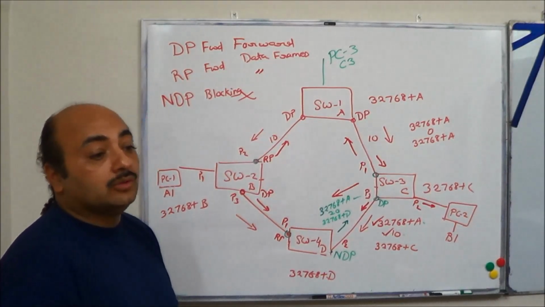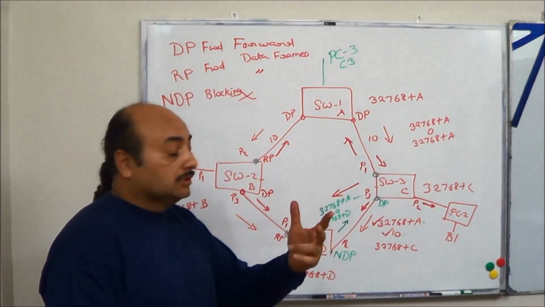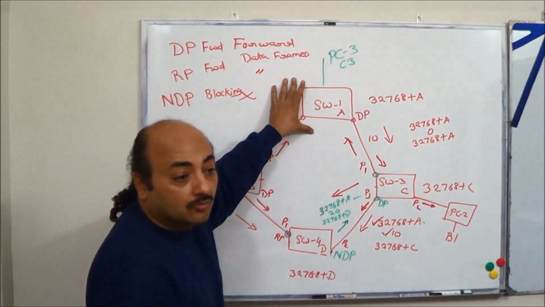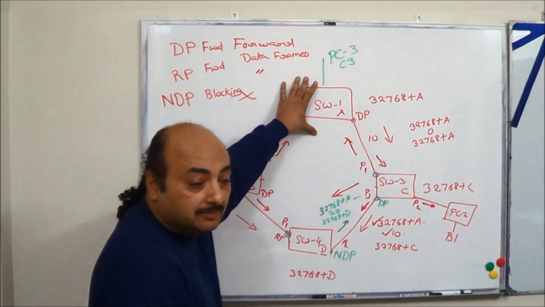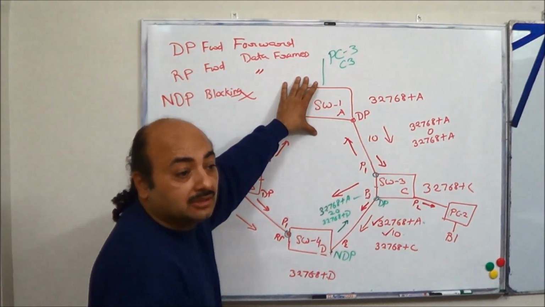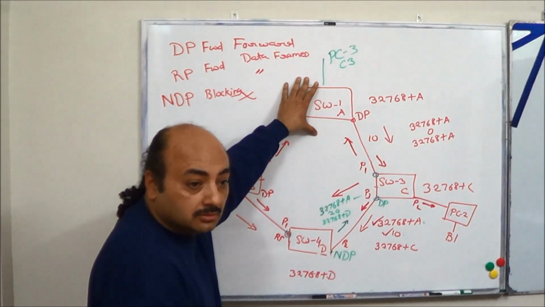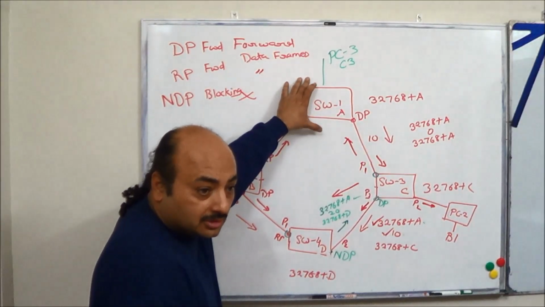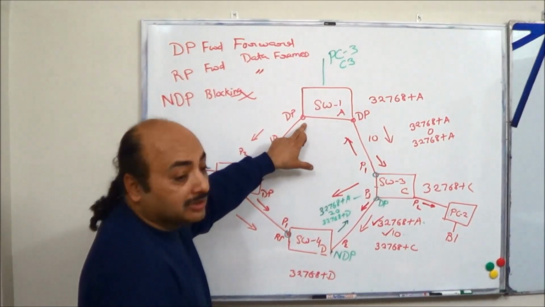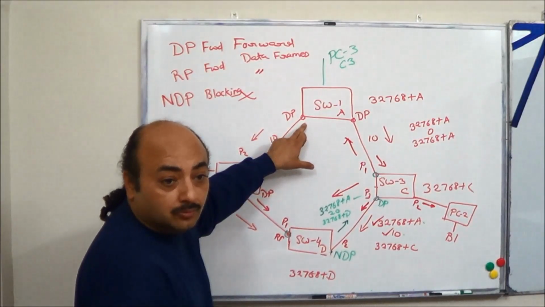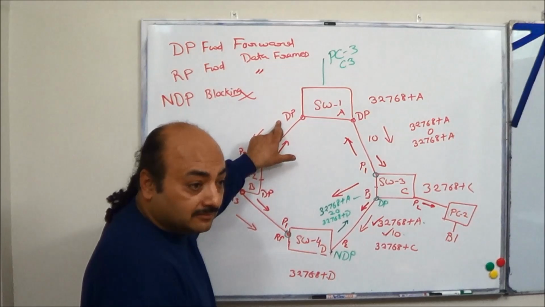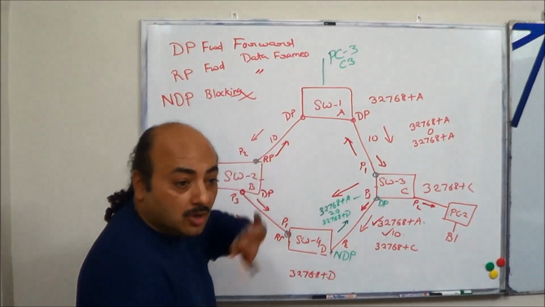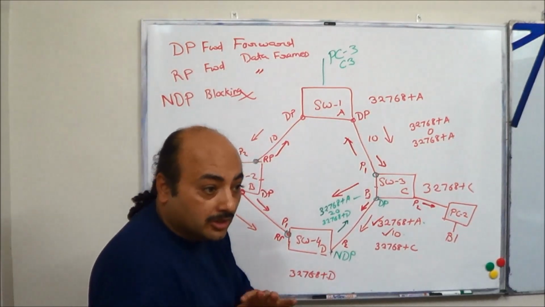Now don't get confused. This switch will forward or flood depending on the destination MAC address being in the MAC table or not. That is what the switch will do. But talking about spanning tree, a particular port has to be in a state. What state? Forwarding or blocking?